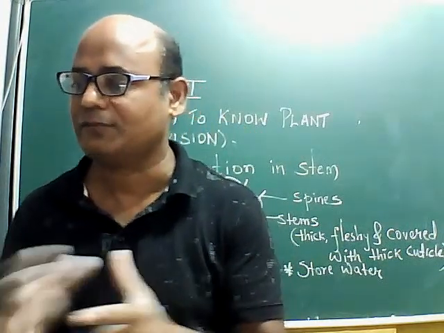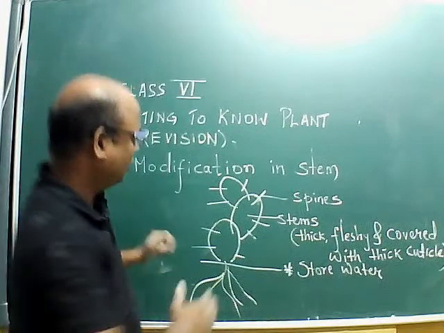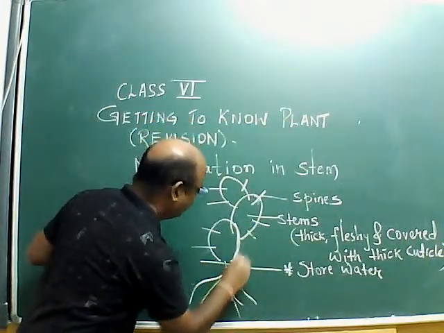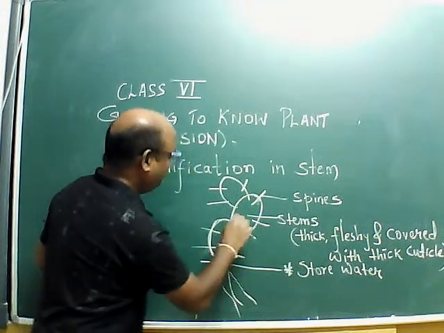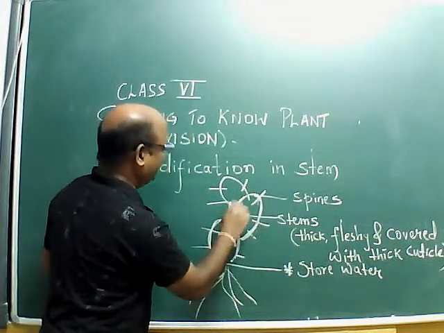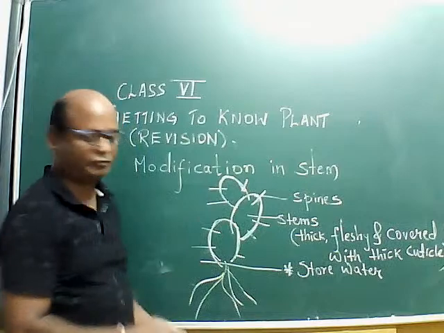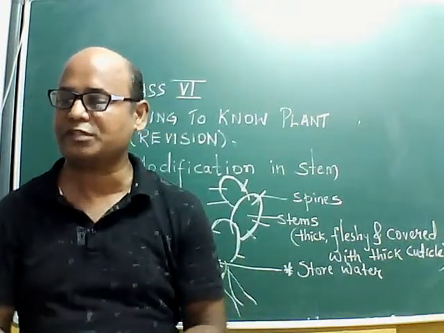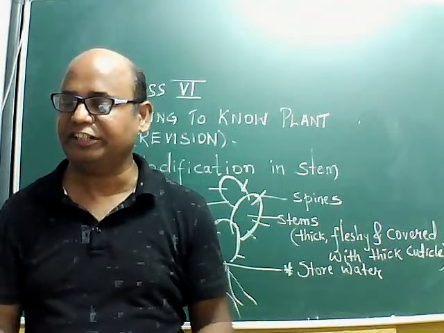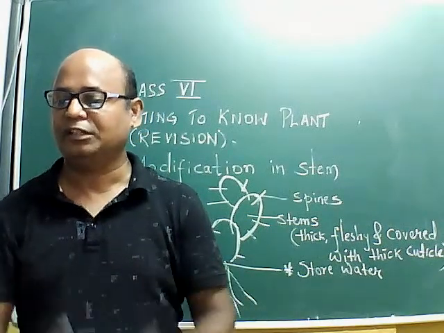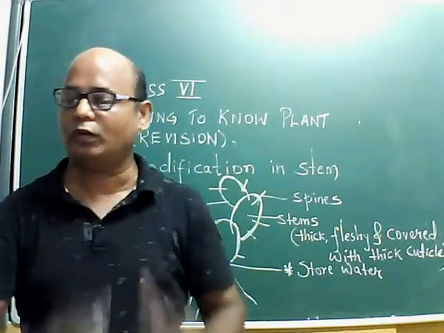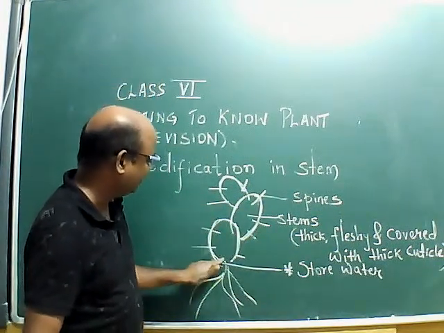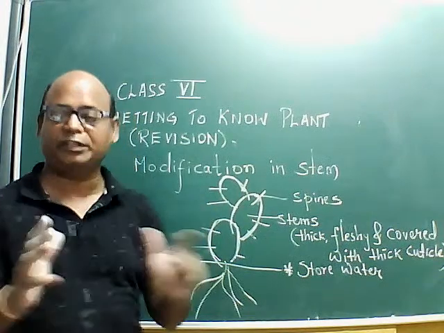Therefore, it stores some water, and the cuticle, the thick covering, will prevent the loss of water due to the extreme heat of the sun. Otherwise, water will get evaporated by the process of transpiration, isn't it? Whatever water will be there. So, to prevent that loss of water, we find these stems covered with thick cuticle.